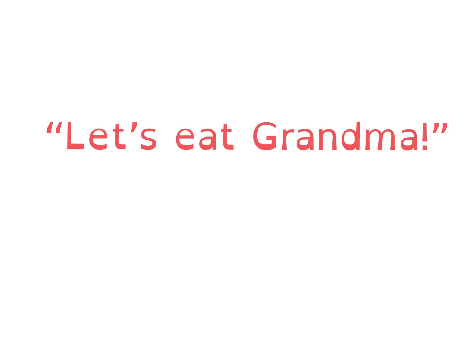Here's an example. Let's eat grandma. Well, if you screamed that out, your grandmother would probably go and hide, because that's kind of a strange thing to yell out. But if we add a comma, let's eat, grandma, it changes the meaning of the sentence. And now your grandmother is not hiding, because she just knows you're hungry to eat.